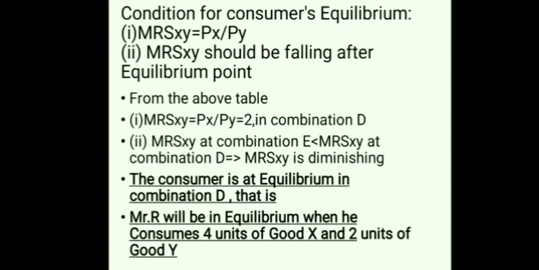In D, MRS of xy is 2. So MRS of xy is diminishing. So the second order condition is also satisfied. So the consumer is at equilibrium in combination D, or when Mr. R consumes 4 units of good X and 2 units of good Y, he will be in equilibrium.